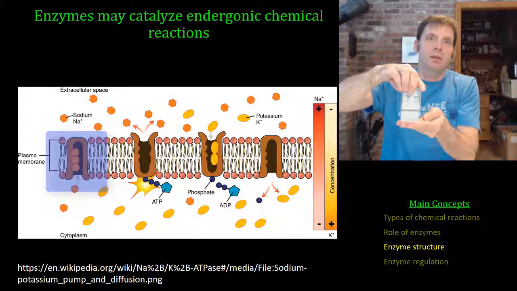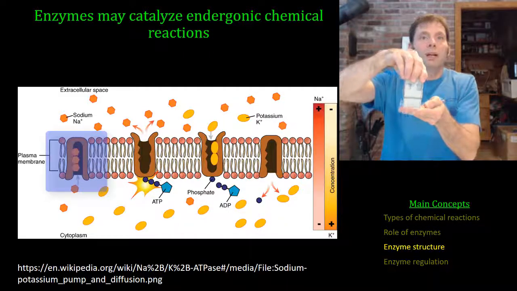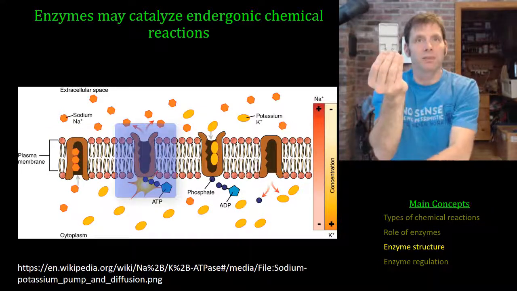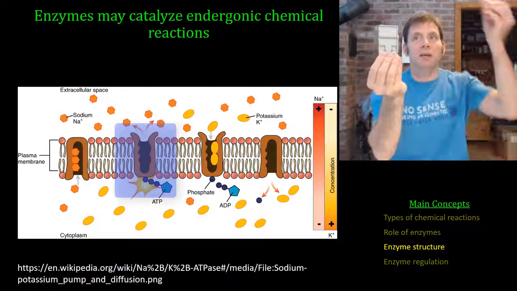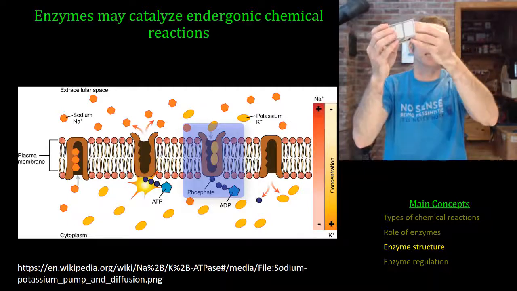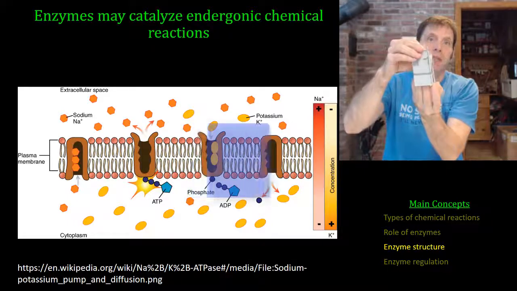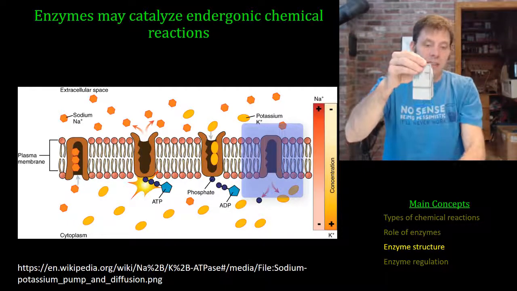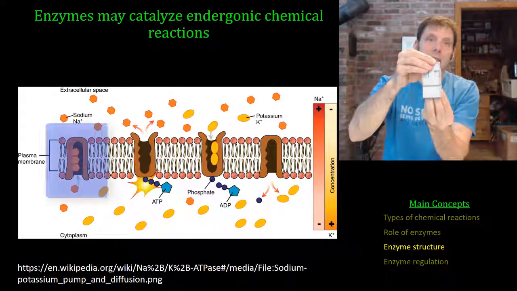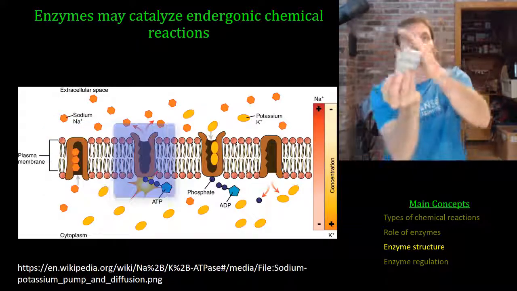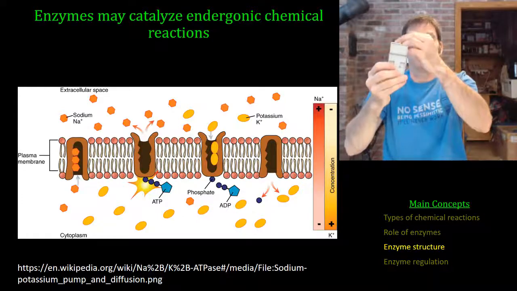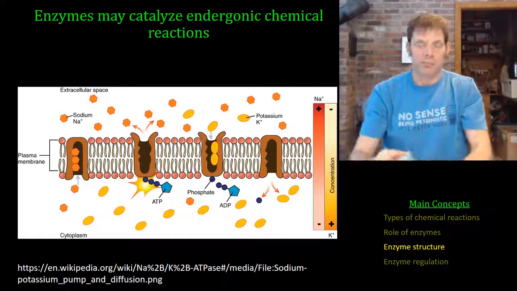If ATP comes along, it can both cock and release those sodium ions outside the cell. Then the potassium ions from outside the cell will bind to the sodium-potassium exchanger and cause it to flip and change shape again, and then be released in the cell where the sodium ions can again bind. And if there's ATP around, that can cock and spit them out of the cell and then flip back in with two more potassium ions.